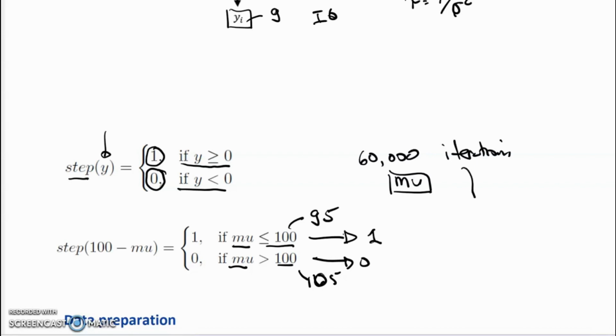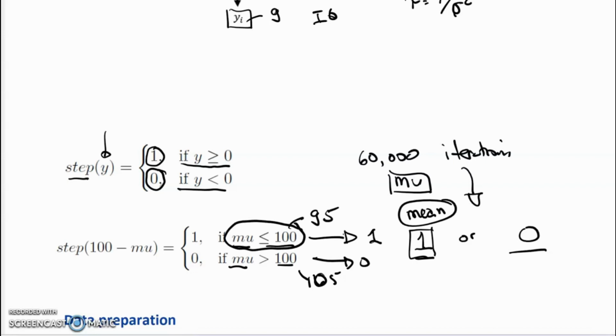So what we're going to get after 60,000 iterations is 60,000 values that are each either a 1 or a 0. If we take the mean of these 60,000 ones or zeros, that's going to give us the proportion of values that are ones. That's going to give us the proportion of instances in which mu was less than or equal to 100.